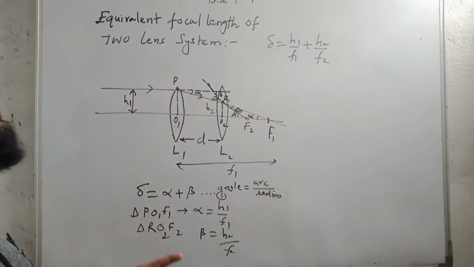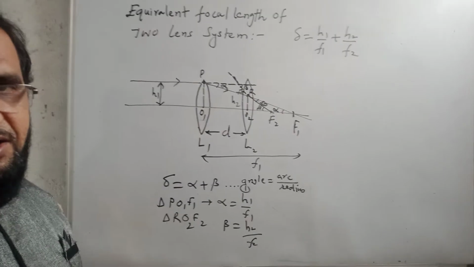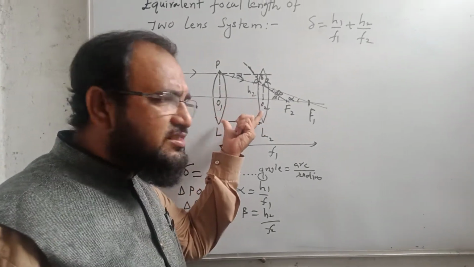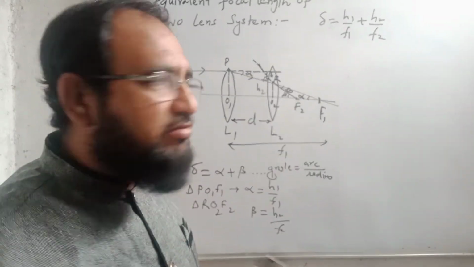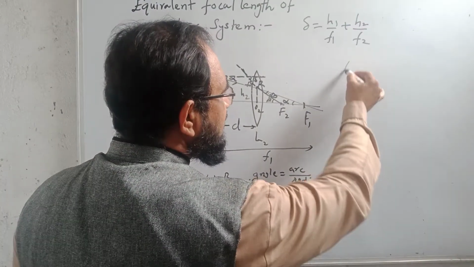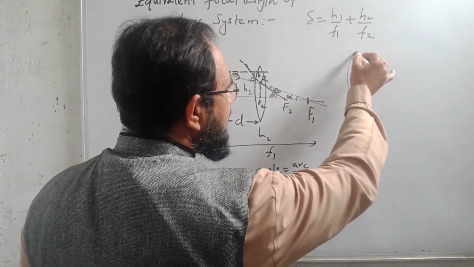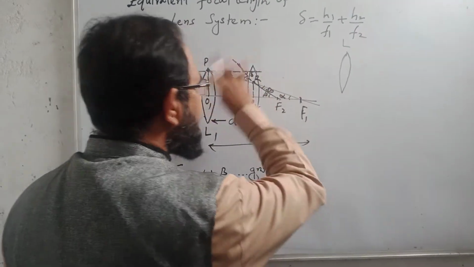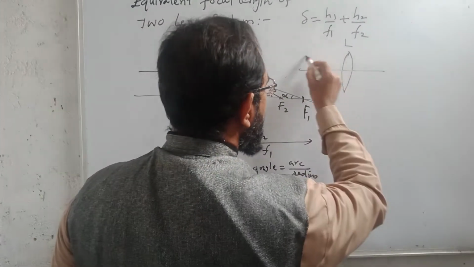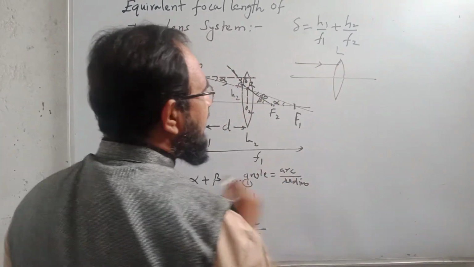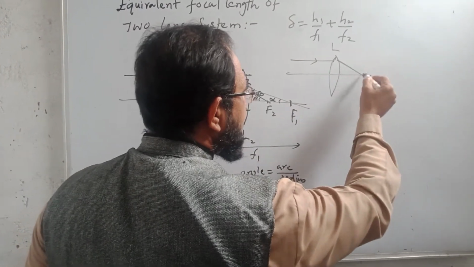Now I will find delta by considering this lens system as an equivalent lens. I draw the equivalent lens L, a combination of the two lenses. Here is the incident ray and here is the emergent ray.